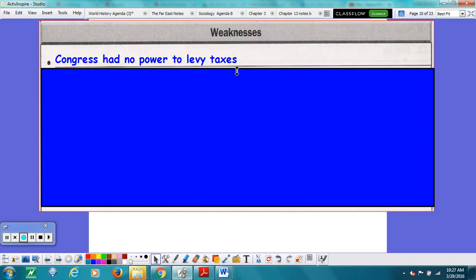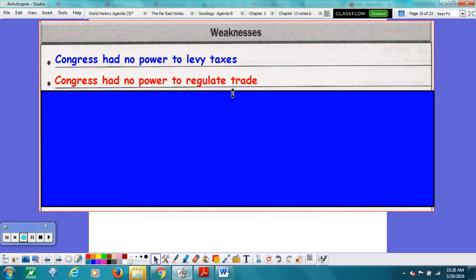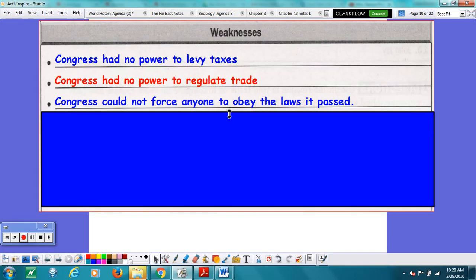All right, some of the weaknesses of the Articles. Well, Congress had no power to levy taxes. So, if our government owed money, it was very difficult to pay that off. Congress had no power to regulate trade, particularly trade with our overseas friends. Congress could not force anyone to obey the laws that it passed because we had no executive branch.